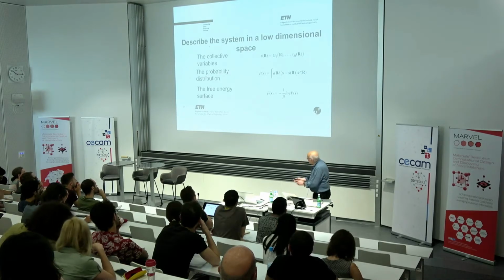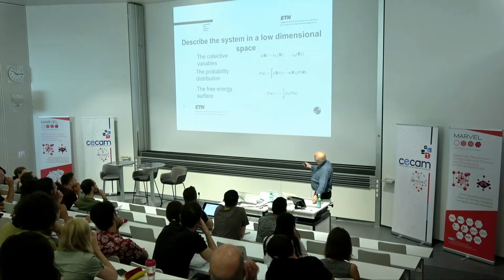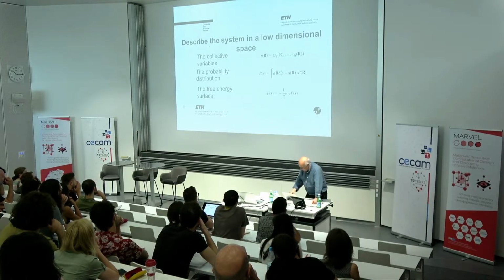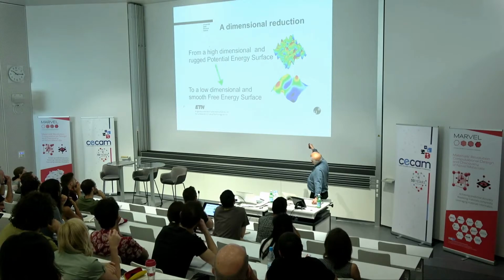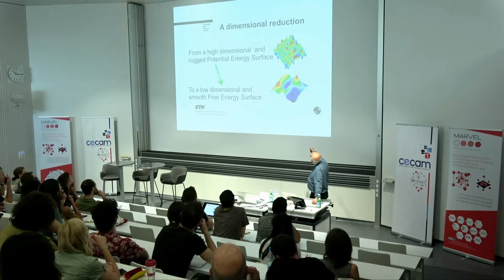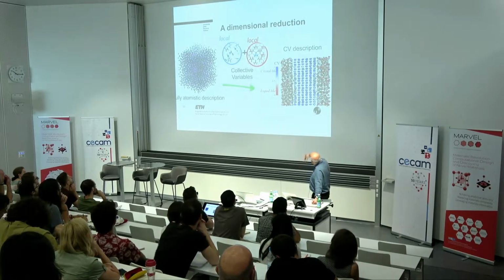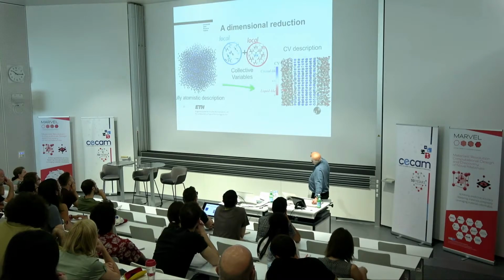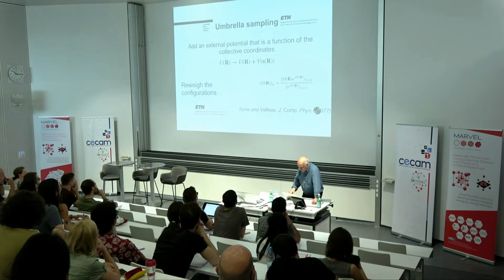What you have to do in general is to introduce your order parameters, or collective variable, and the free energy associated with that. The advantage is that we go from something very complicated and high dimensional to something very smooth, and you can really focus on the important degrees of freedom, also as a tool for understanding what goes on.